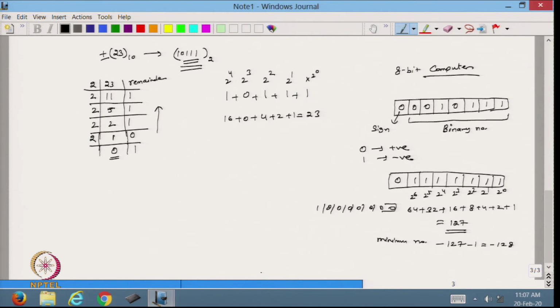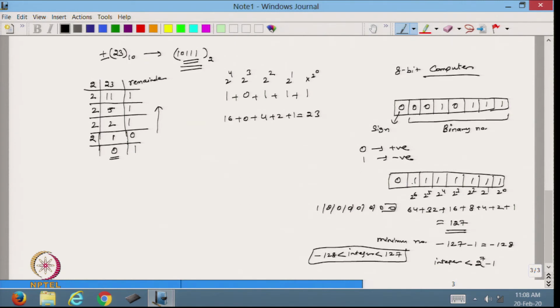So in this case I can say that if I work in the 8-bit computer, the integer numbers I can save in the computer are from minus 128 to 127. So this is the range we can define. I can also write this as: the integers we can save are from minus 2 raised to power 7 to 2 raised to power 7 minus 1.